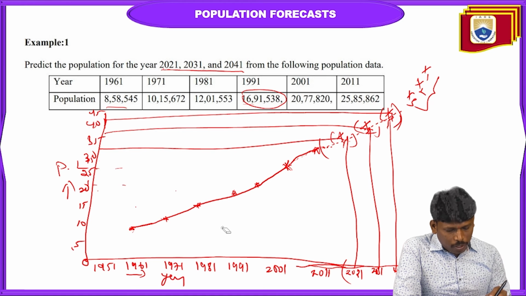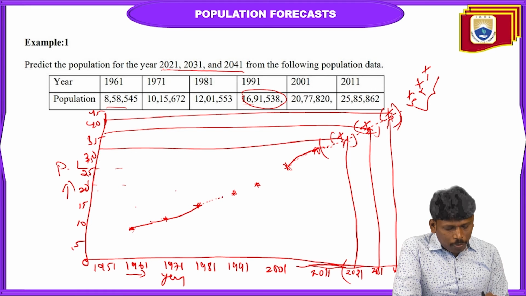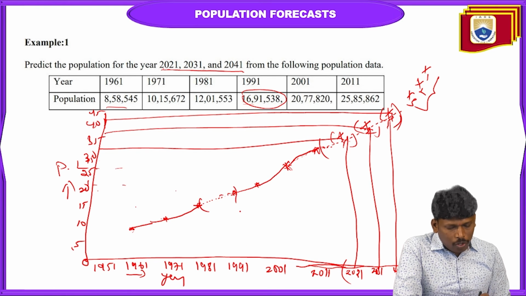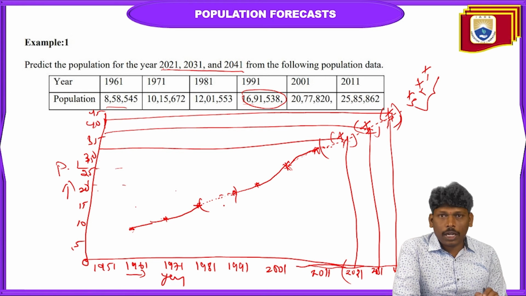This value we have, and here we don't have the value. In this case we need to draw a straight line, and after that this is a known value again. So this part is an unknown value, not calculated in 1991.